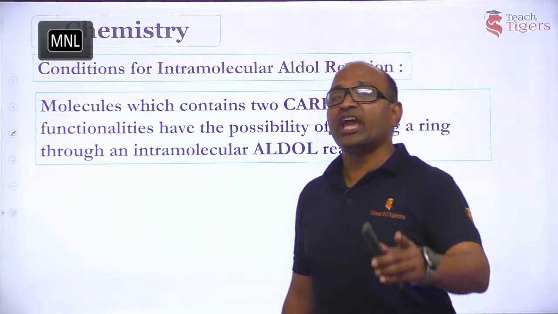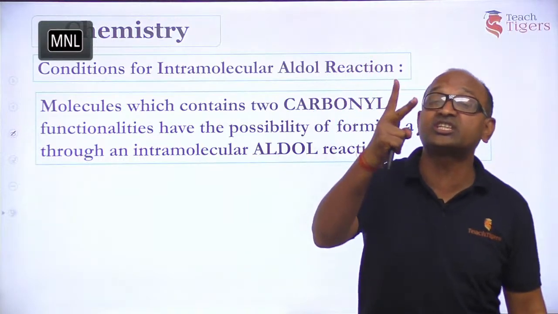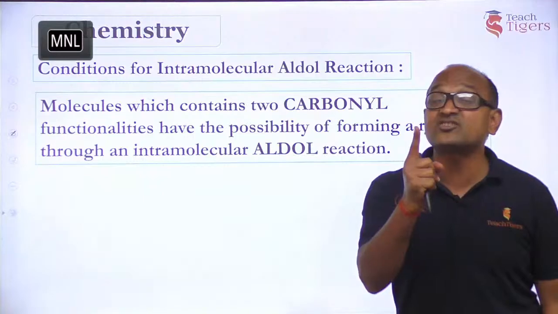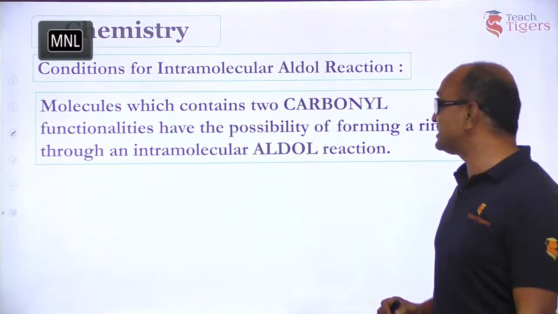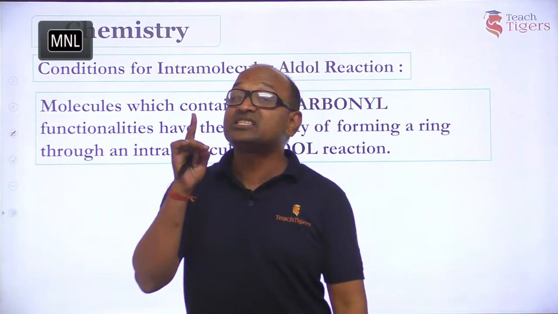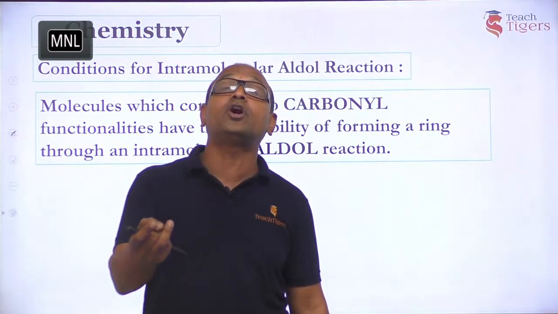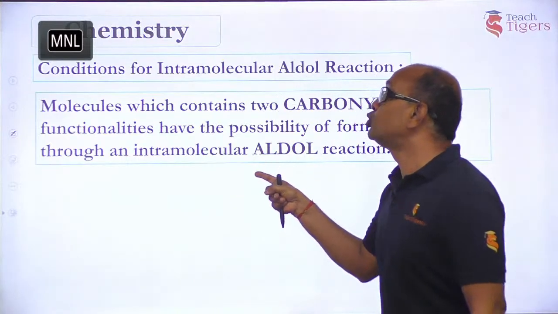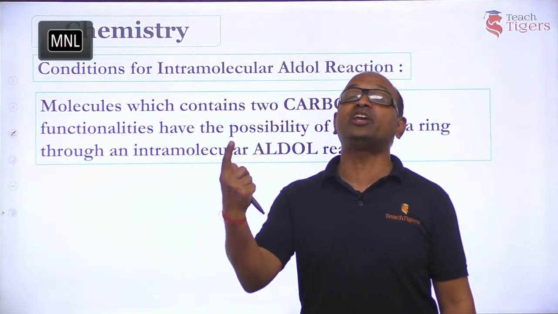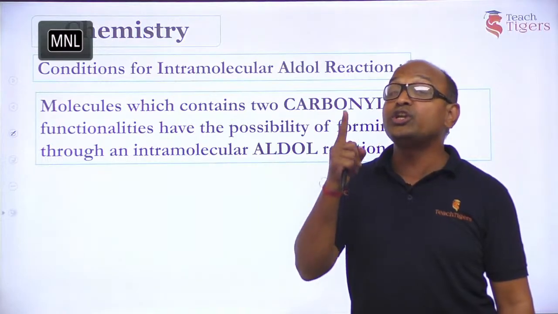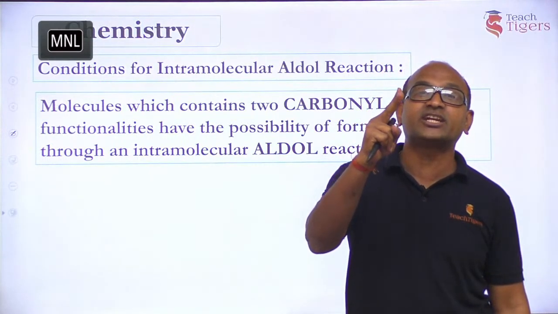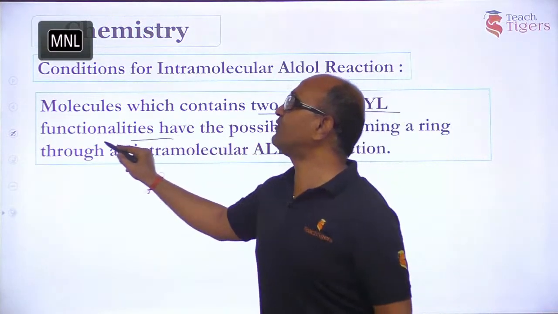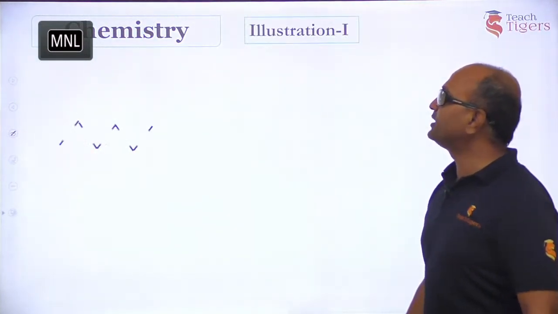The first condition is that the molecule has two sets of carbonyl functionalities. Any molecule which has two carbonyl functionalities is capable of undergoing aldol condensation through an intramolecular process. So you need two different sets of alpha hydrogens belonging to two different carbonyl functionalities. Let us have a look at this.